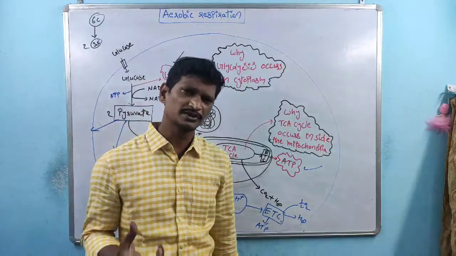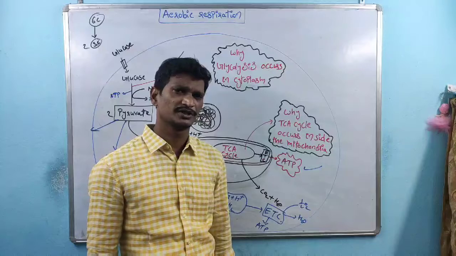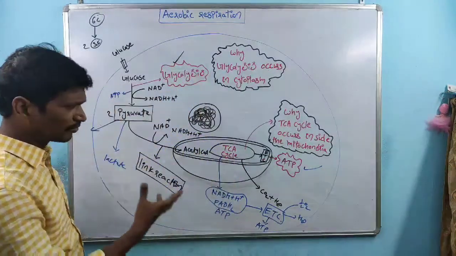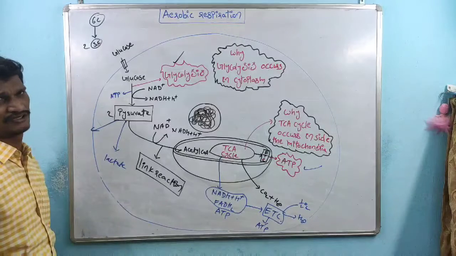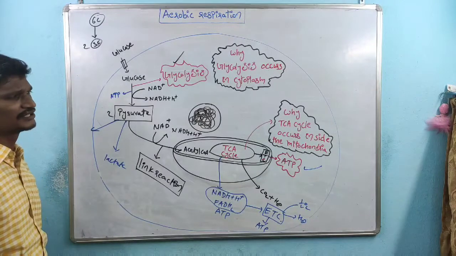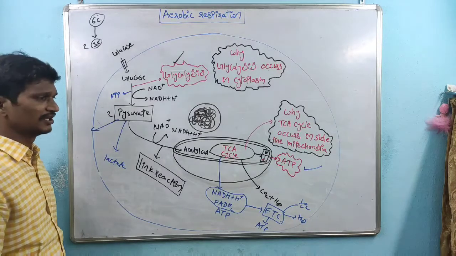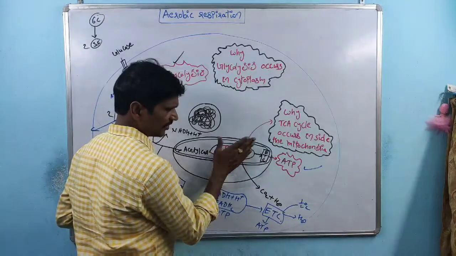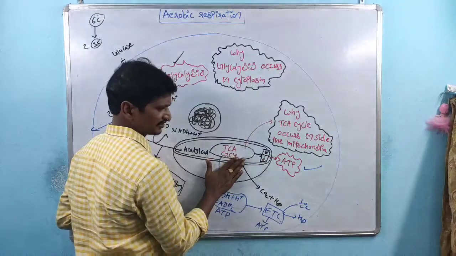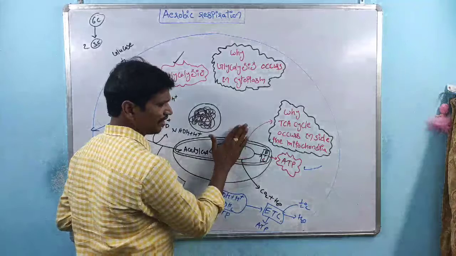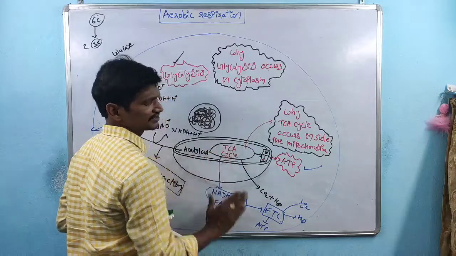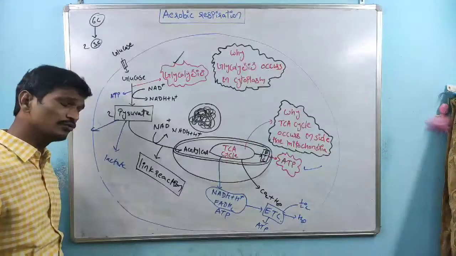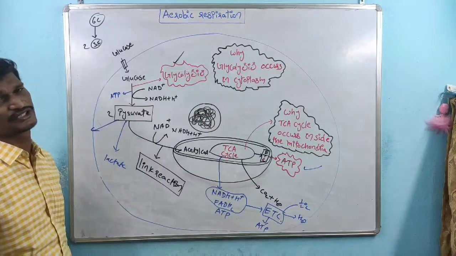If oxygen is absent, the TCA cycle is also absent. But oxygen is not directly involved in the TCA cycle. Then how does oxygen regulate the TCA cycle?